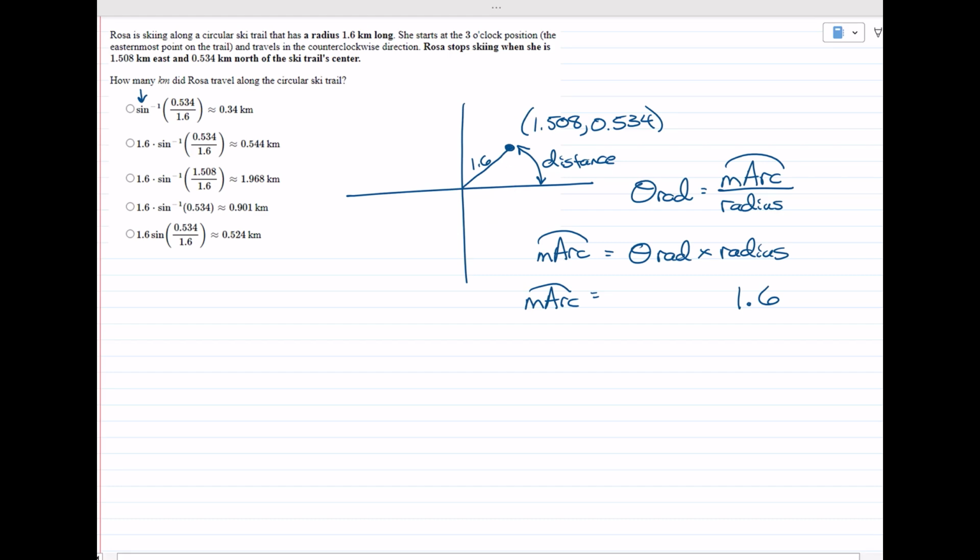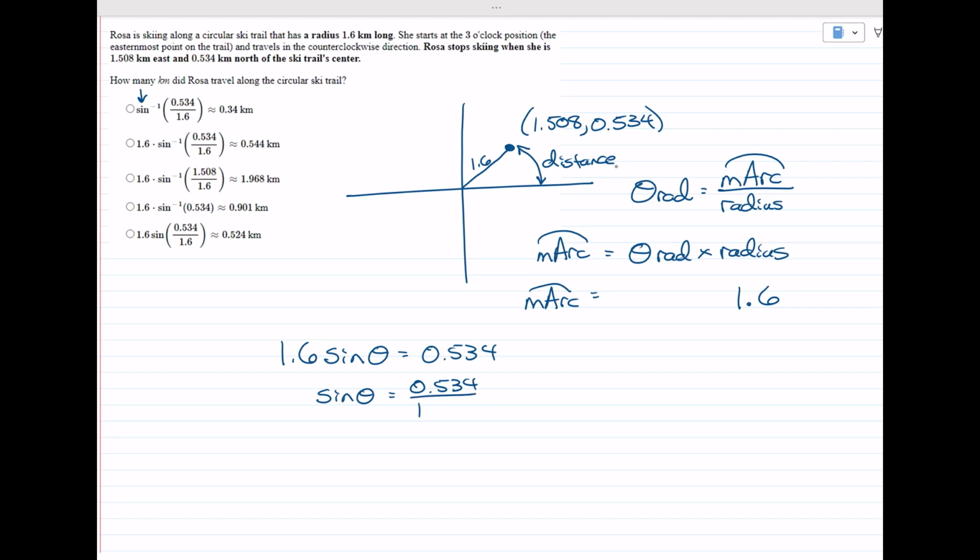All right, so let's figure this out. We know that the radius is 1.6, and 1.6 times the sine of theta equals the y value, 0.534. So therefore sine of theta is 0.534 divided by 1.6.